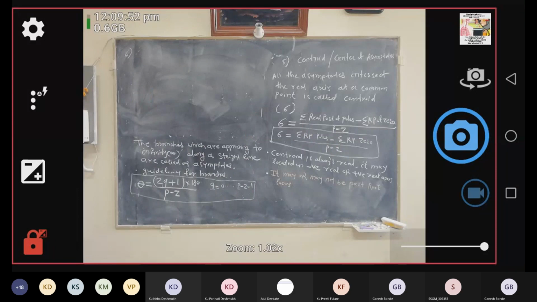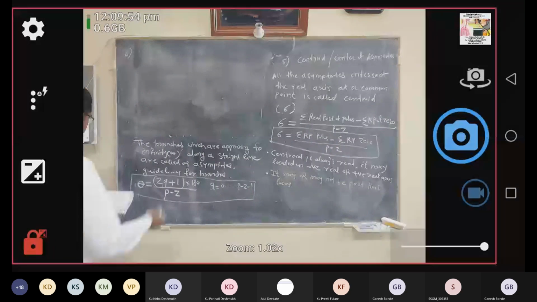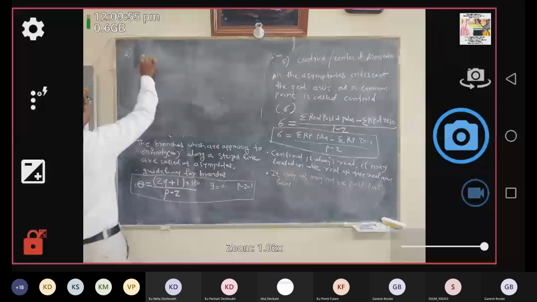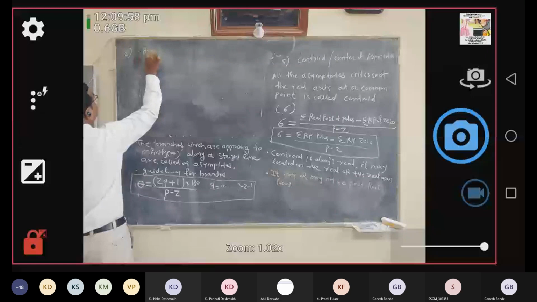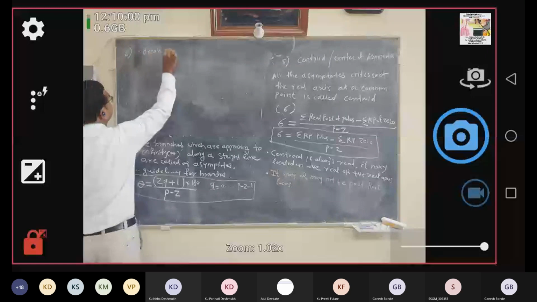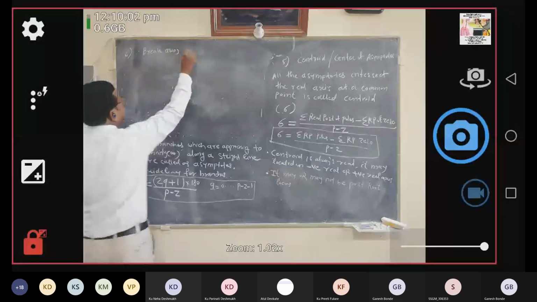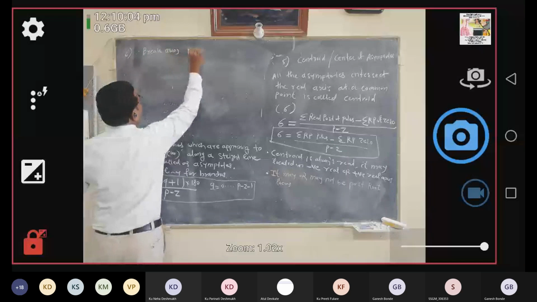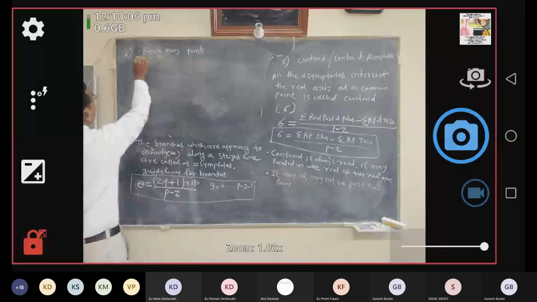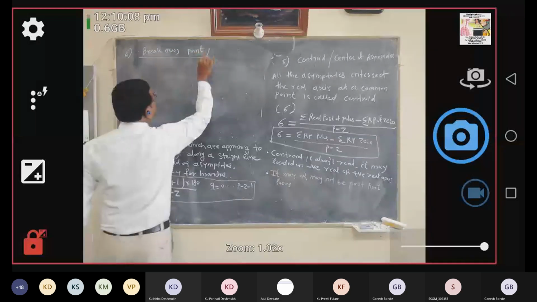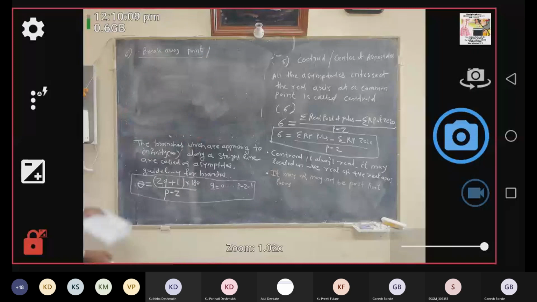Step number 6 is the break away point, or again step number 6 is the break in point, which we will see in the next step.